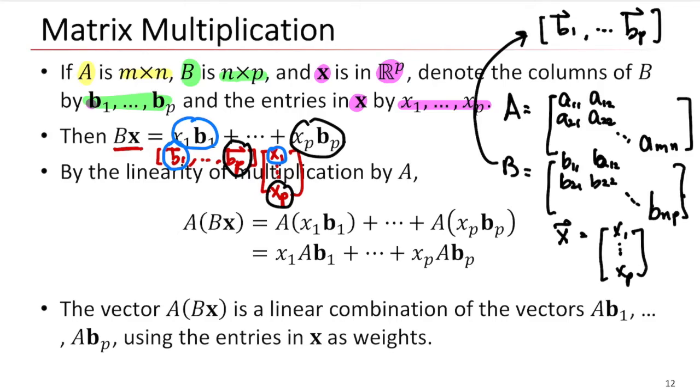So from the linearity of the multiplication by A, we can compute A times Bx as A times this one, right? From this notation, we can represent each term something like this, right?